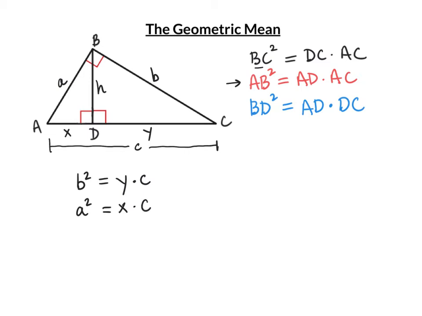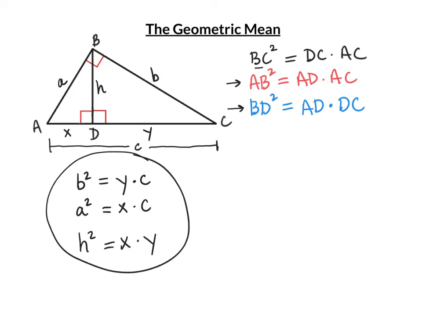And the last one in blue, BD squared, that's h squared, that's the height inside there, equals AD, which was x, times DC, again, look at the big triangle, DC is y, and these are the statements we're going to use.